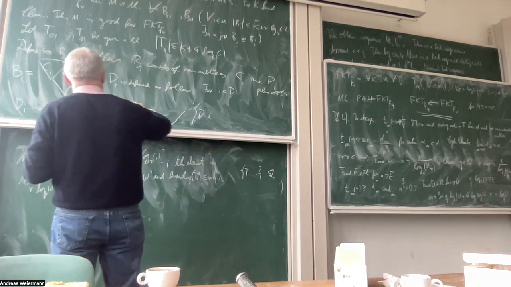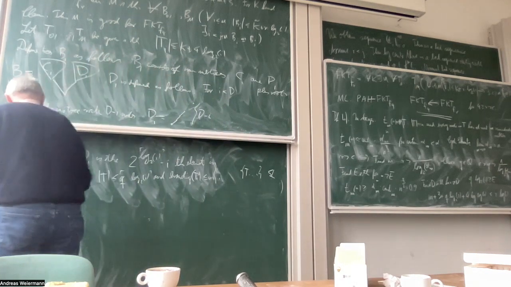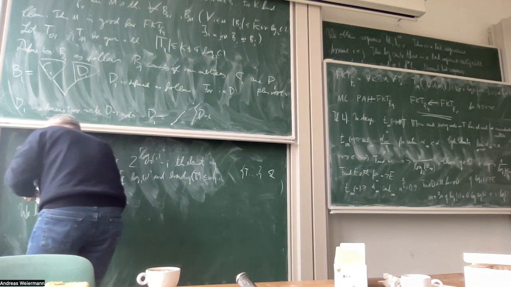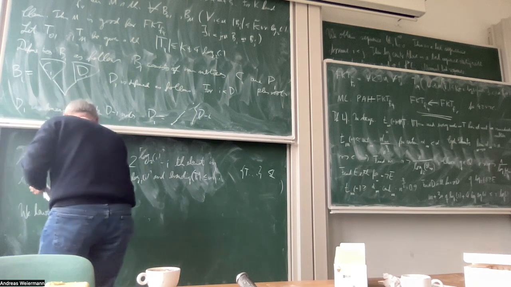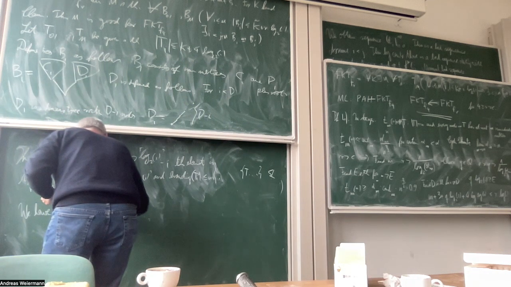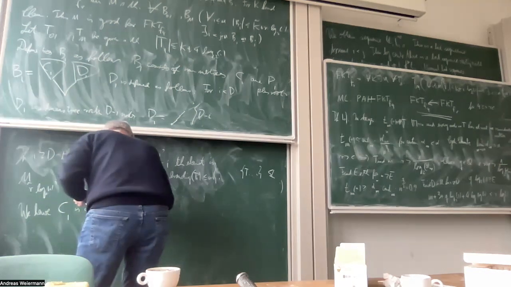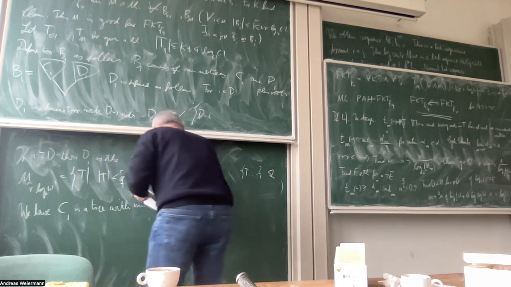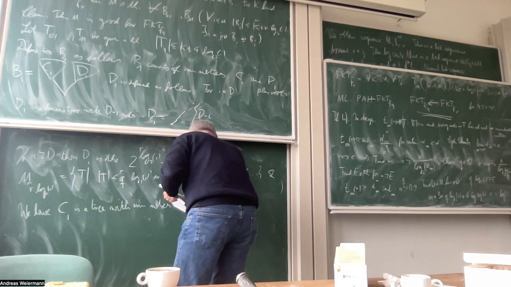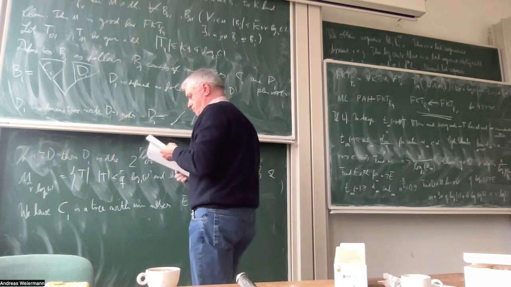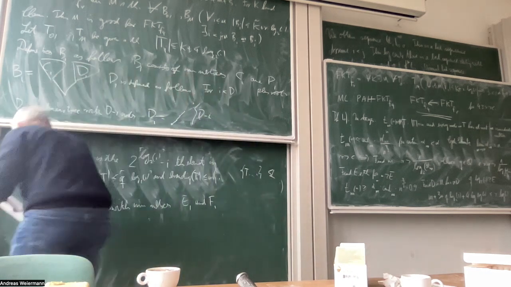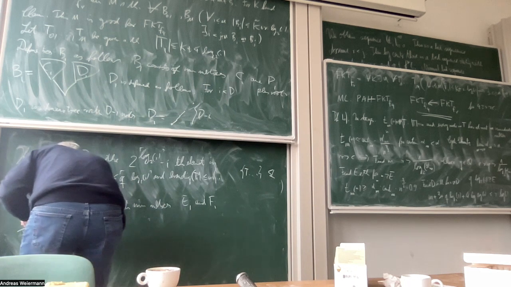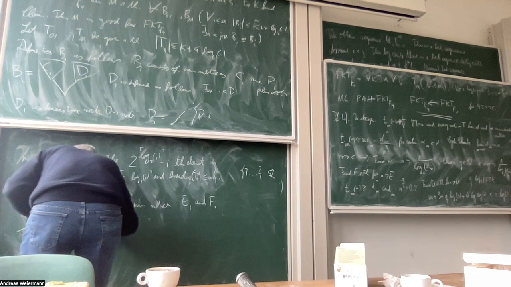Now the question is, what is Ci? Ci is a tree with unit subtrees. Now for i smaller than D, Ci will be a trivial tree.